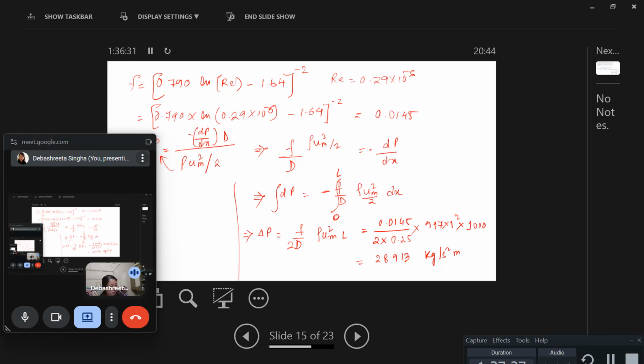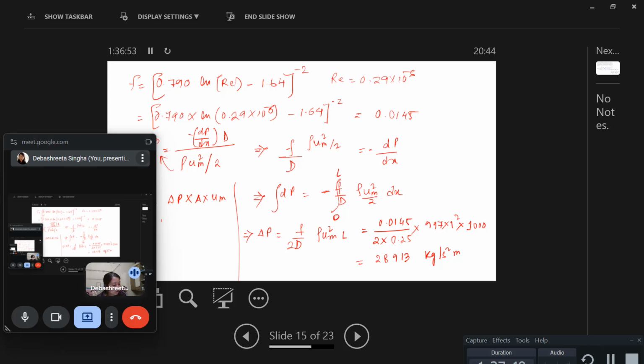Okay, so once we calculate the pressure drop, we can calculate the power as delta P into area into velocity, that is delta P into volumetric flow rate.